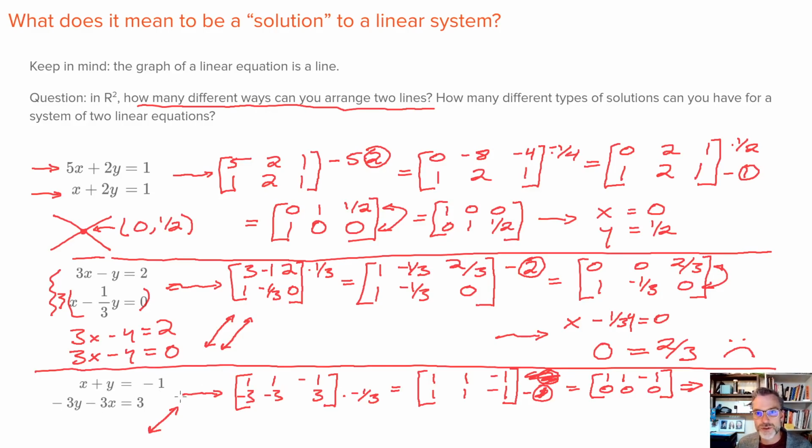There's an infinite number of solutions. Okay, so these are the three ways of arranging lines in two-dimensional space. You could have two that intersect somewhere, two that are parallel, or two that overlap. And that's it. Those are all possible cases. And that gives you three different types of solutions to these linear equations.